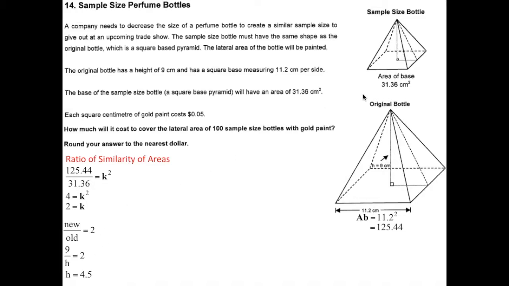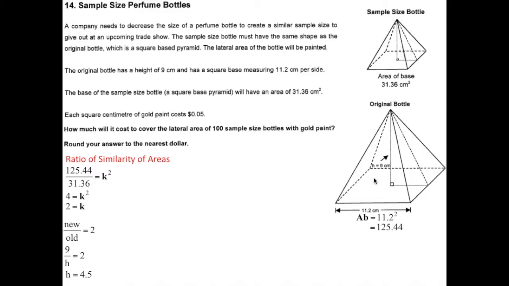The other way we could do that is, the old base length is 11.2, so the new base length is going to be 5.6. We take half of that, figure out the slant height, figure out the lateral surface area. So you can do it that way.